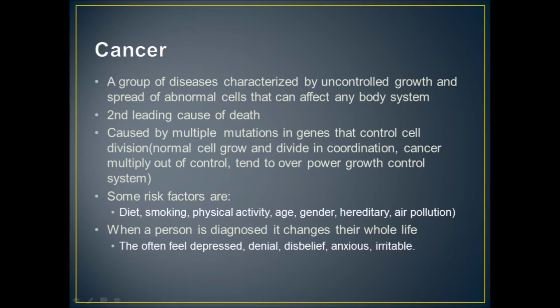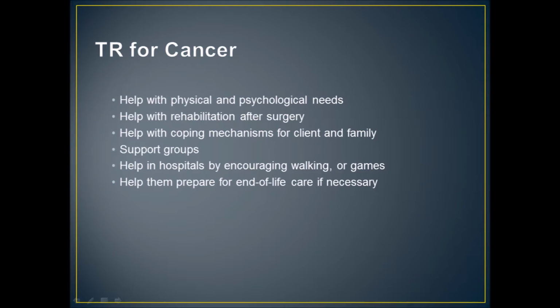Cancer multiplies out of control, and it overpowers our growth control system. Some risk factors of cancer, so those who are more at risk to get it, include diet, physical activity, age, gender, hereditary, and air pollution. A person diagnosed, it typically changes their entire life. They often feel depressed, denial, disbelief, anxious, and irritable.